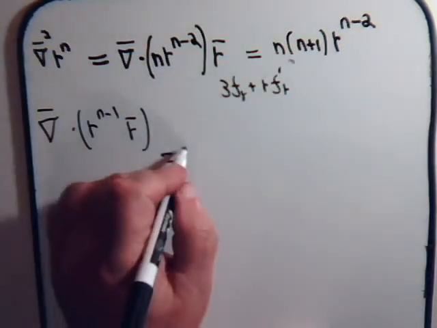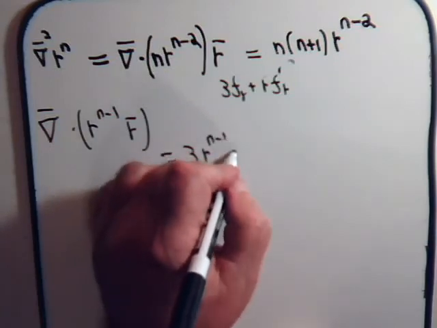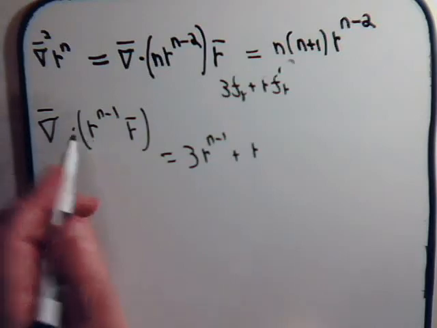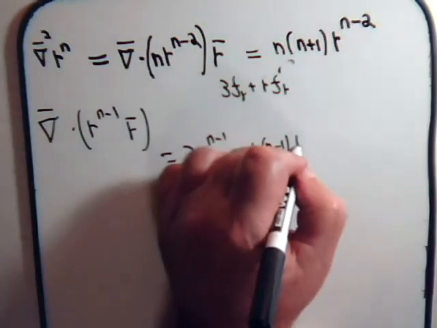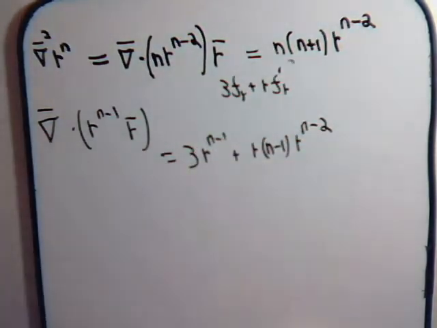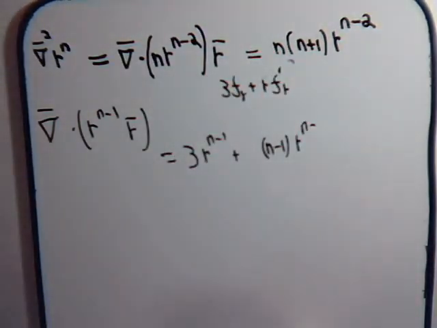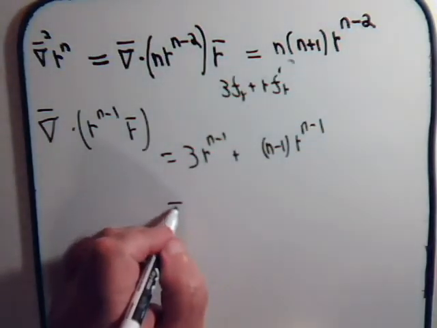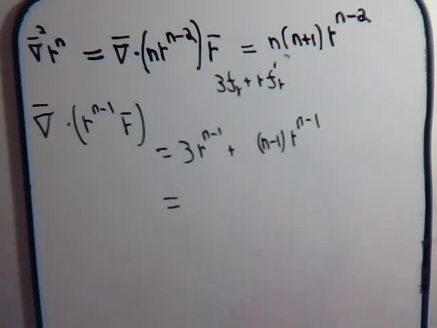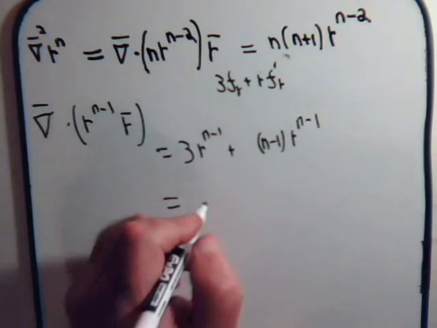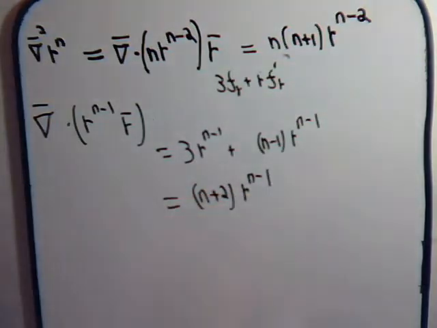So this would be equal to 3 times r to the n minus 1 plus r times its derivative, which would be n minus 1 times r to the n minus 2. So we're multiplying this by r, so that's going to be n minus 1. So here we have 3 times r to the n minus 1 minus r to the n minus 1. So here we're going to have n plus 2 times r to the n minus 1.